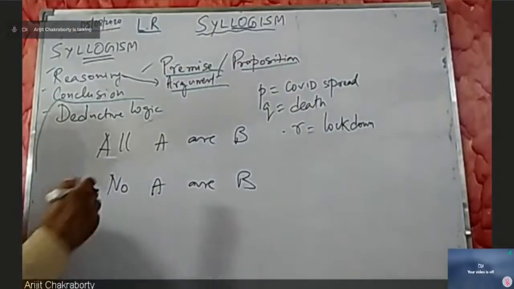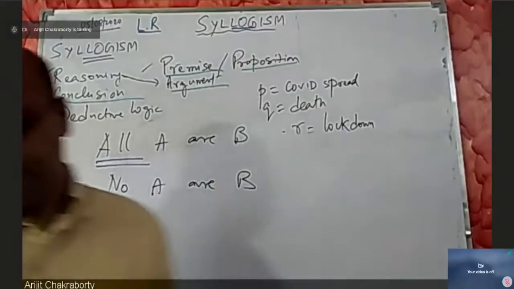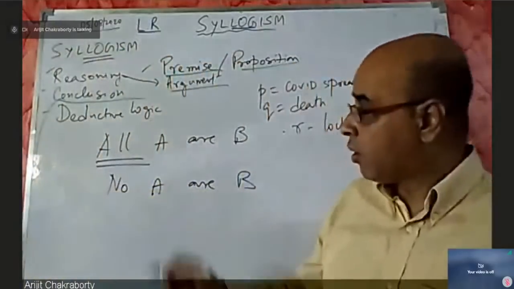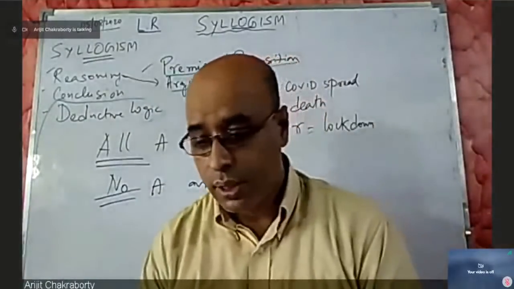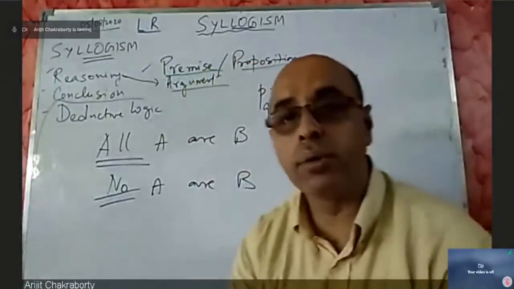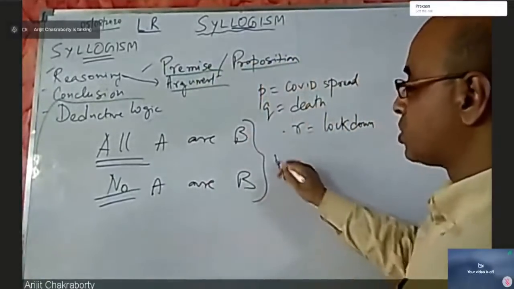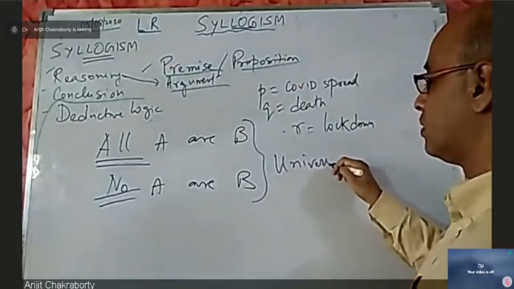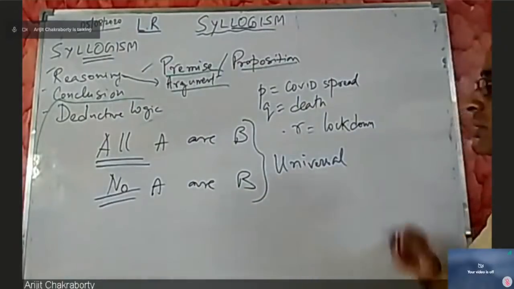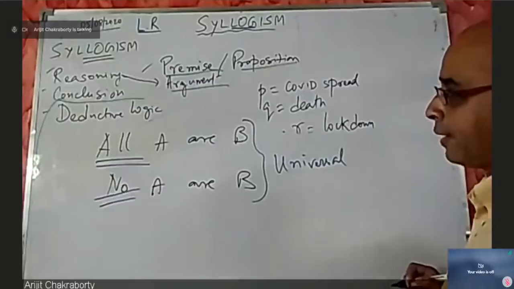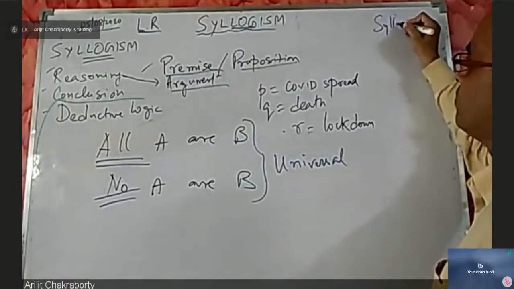Okay, now if a statement starts with the word all, or if it starts with the word no, then please note that these types of propositions are known as universal propositions. Please keep a note of this. It is called universal proposition. So we have seen the meaning of syllogism.